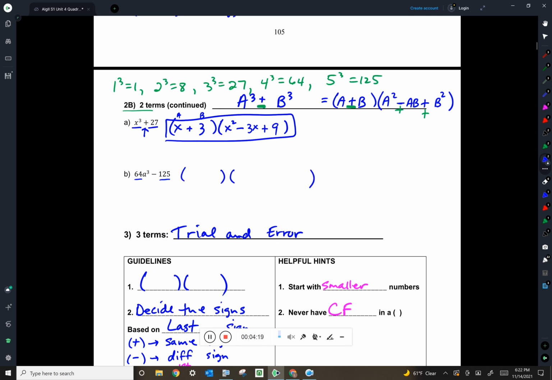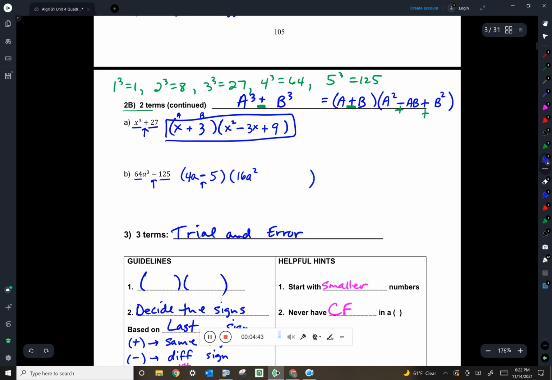What's being cubed to get 64? Well, that's 4. And what's being cubed to get a cubed? That's a. Since this is a minus, that means I start with a minus. What's being cubed to get 125? Well, that's a 5. Okay, and so now over here, I need the first one squared. So 4a squared would be 16a squared.